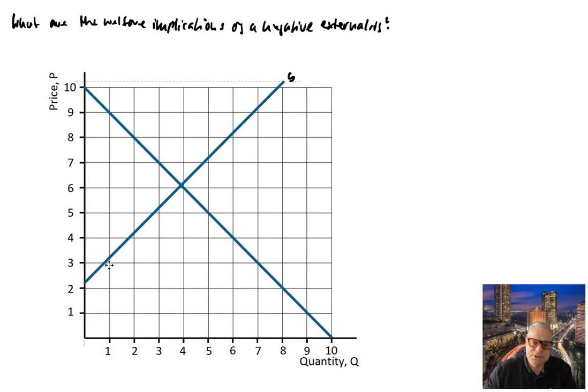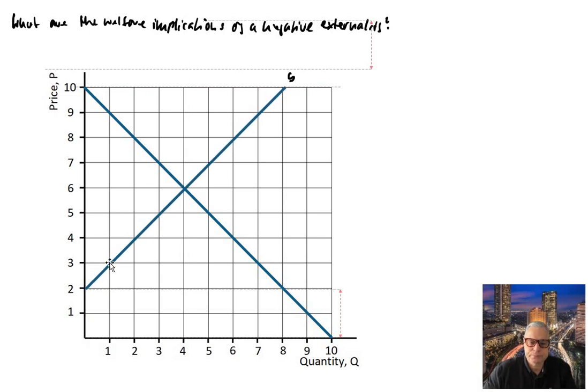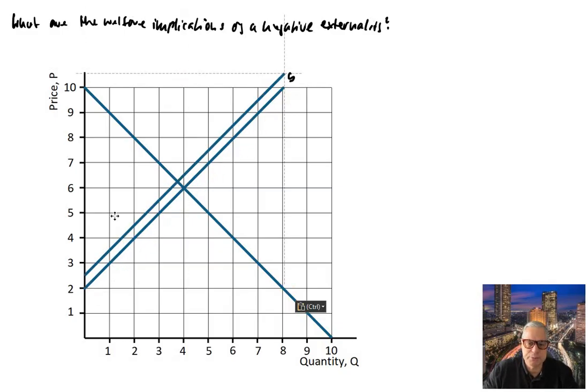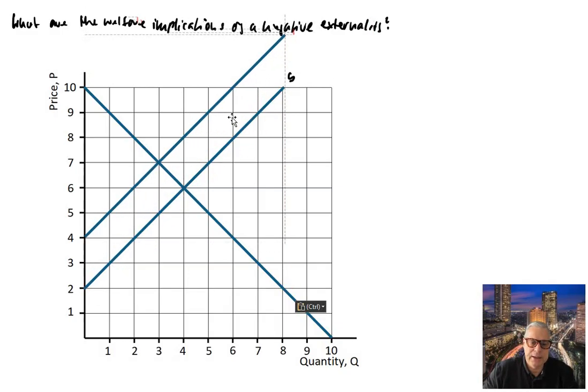So that means that we have to shift up the private supply function by 2. And so what we get now is the real economic supply function, which captures everything, the private cost or the cost to cover the operational expenses, plus the cost to the society as a whole, which are not internalized, and which is why they are called an externality.